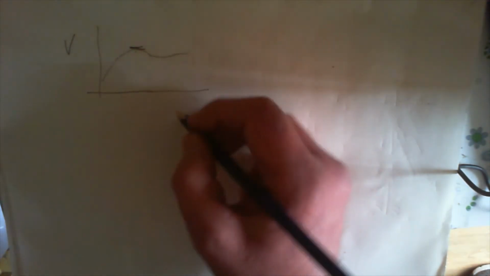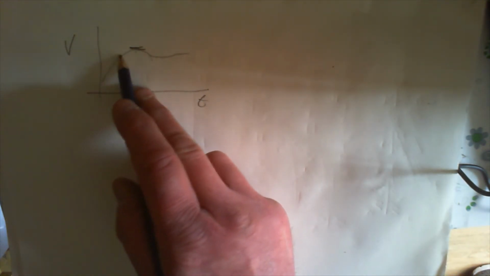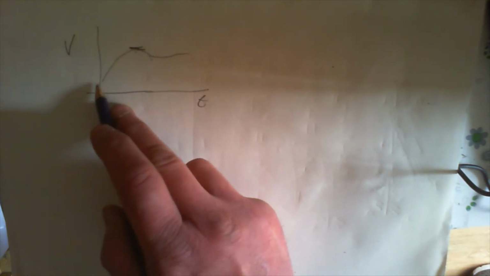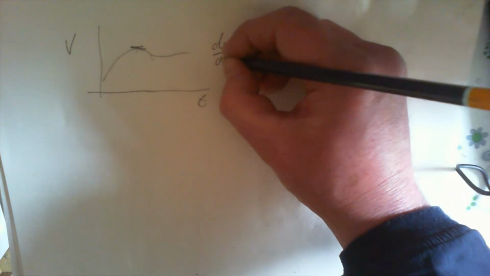If you've got the velocity and this is your time, and you want to find the tangent of this, in other words the gradient at any point, you just use dv by dt.